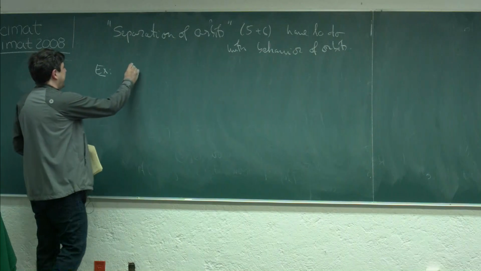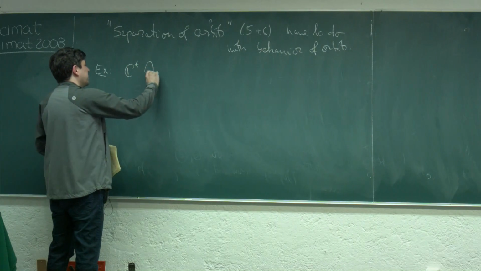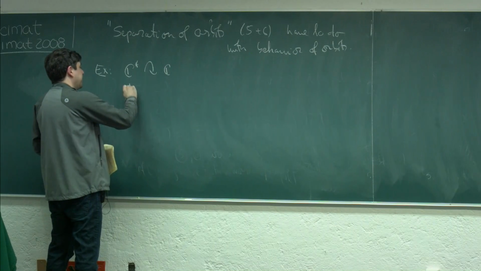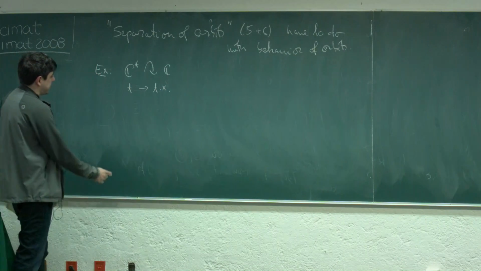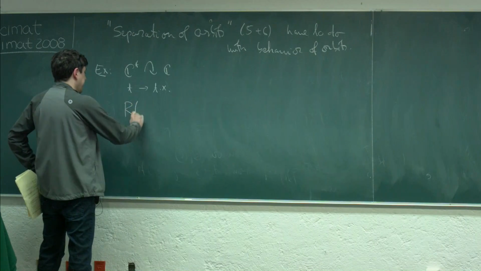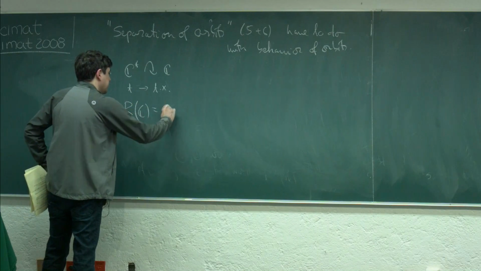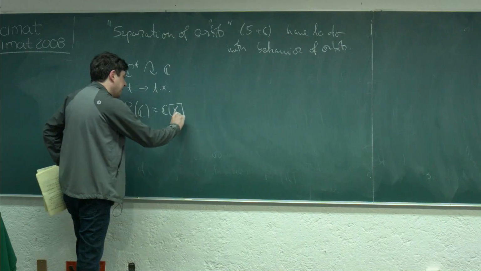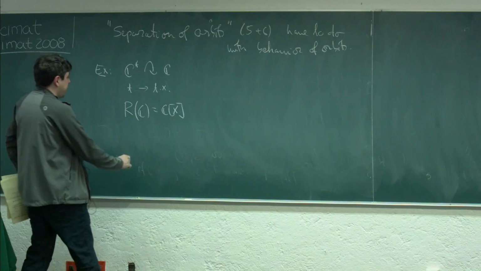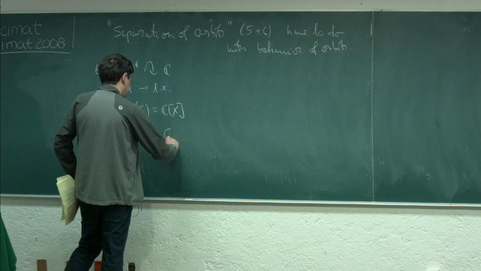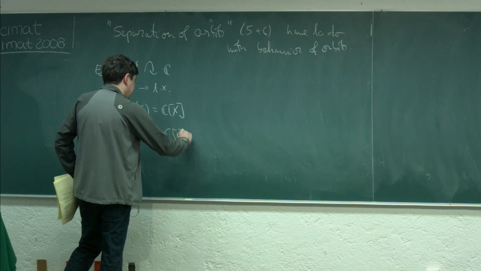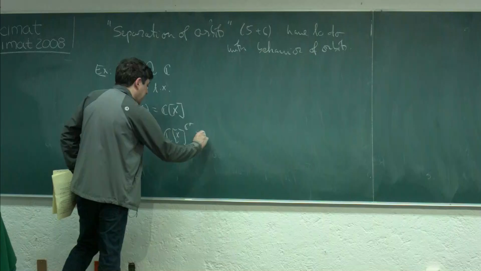So first of all, let's go back to C* acting on C, t maps x to t times x. Of course, here, the ring of functions on C is just C[x]. And if I'm taking the invariants, I'm acting by multiplication.